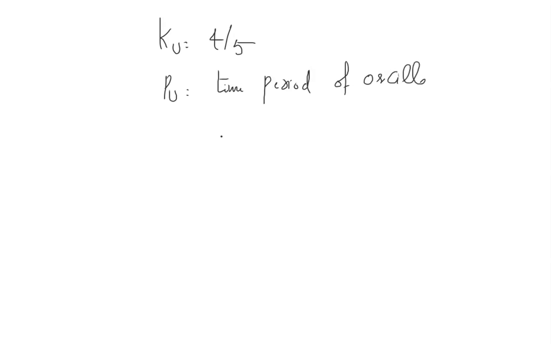Then Ku is 4 by 5. What is Pu, which is the time period of oscillation? Pu is 2 pi by Omega C, 2 pi by 0.5, which is 4 pi.